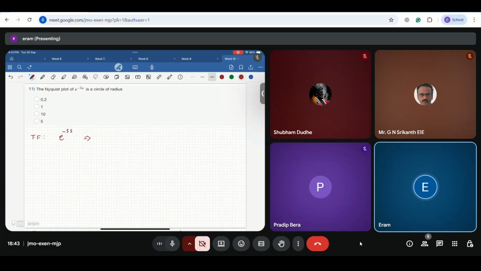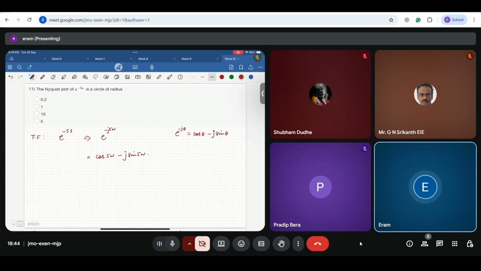We have to replace s with j omega. It is e to the power minus j 5 omega, right? Now what is e to the power minus j theta in terms of cos and sine? It is cos theta minus j sine theta. So this is nothing but cos 5 omega minus j sine of 5 omega.